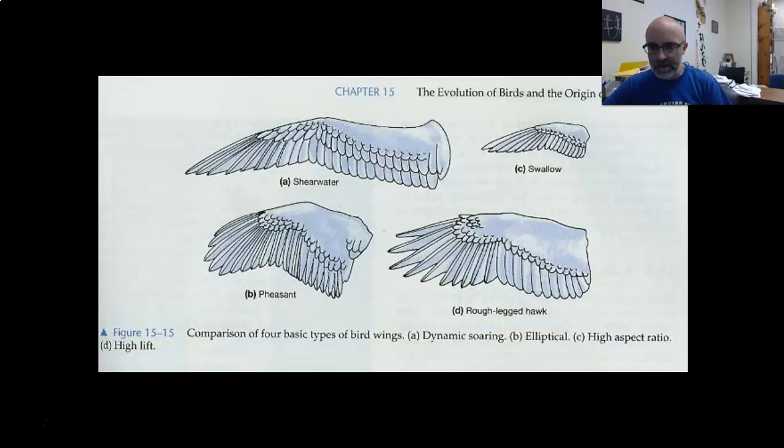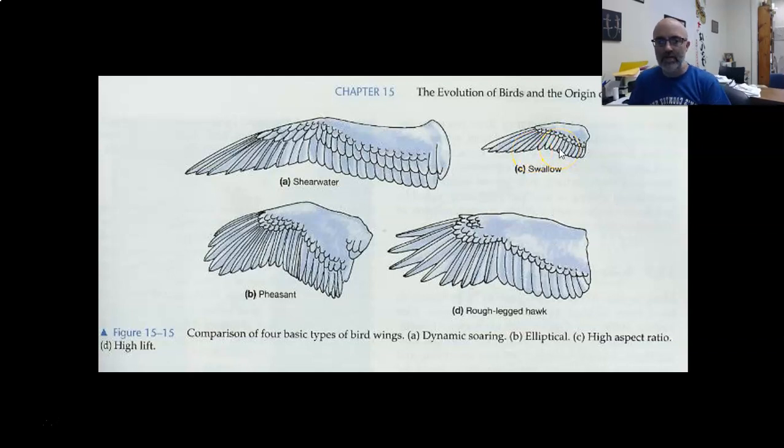And the C, high aspect ratio, to me it's difficult to kind of see the difference between A and C, except I guess ratio wise there's a lot more thrust than there is lift. So if we look at how many primary feathers relative to the length of the wing, then there's a lot of thrust.